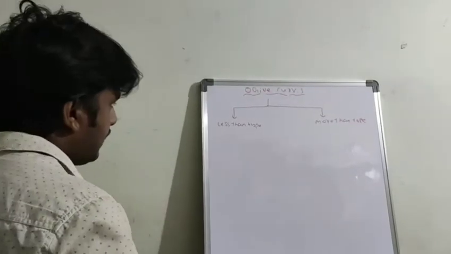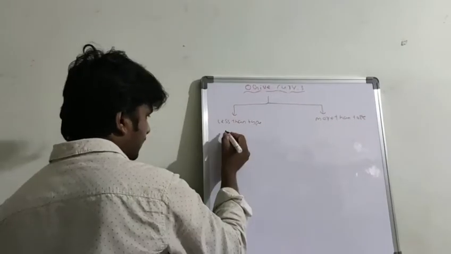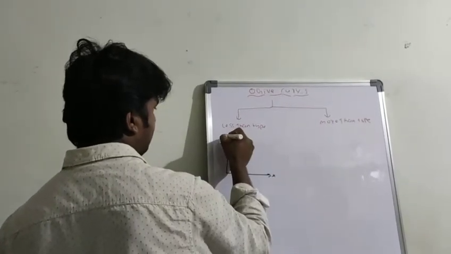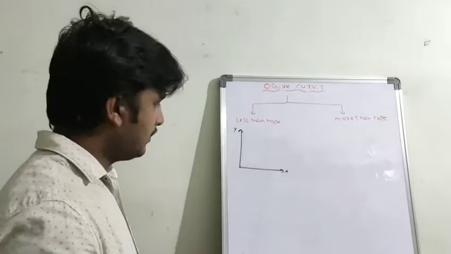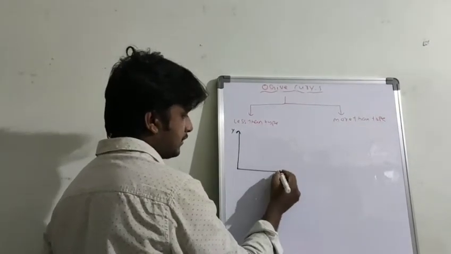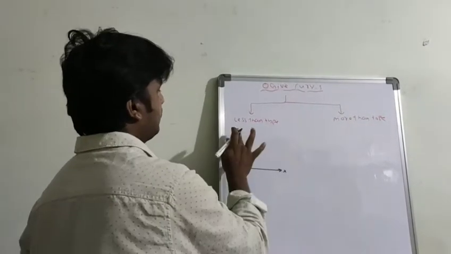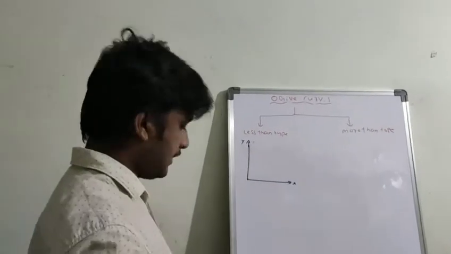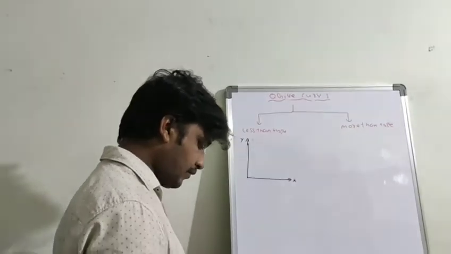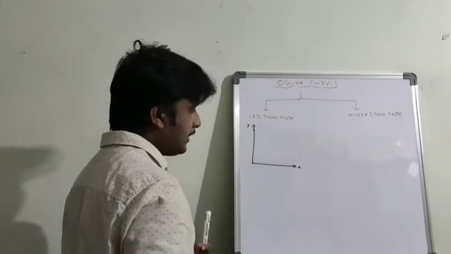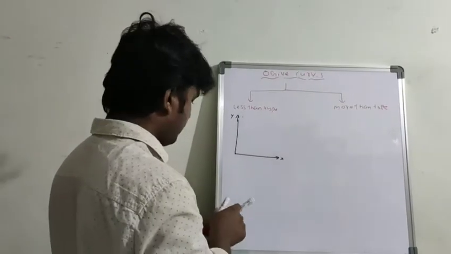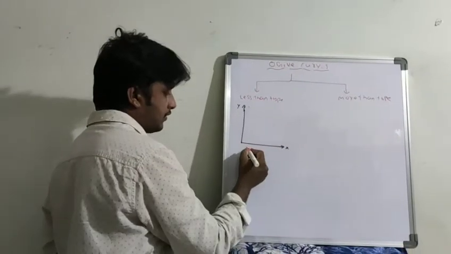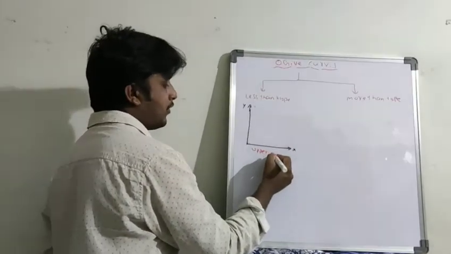In the less than ogive curve, first on the graph paper, this is the x-axis and this is the y-axis. On the x-axis, for less than cumulative frequencies, you have to take upper boundaries.